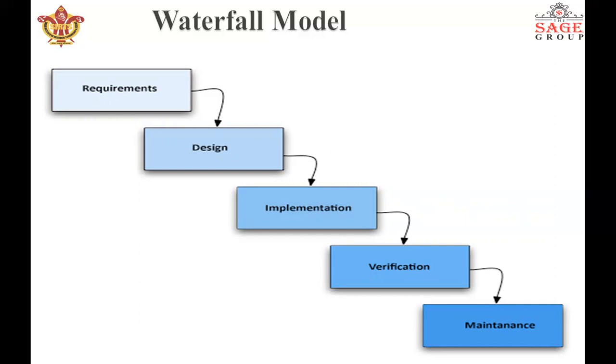After we complete the designing part, we go to the implementation part, that means which language we will use and which platform we will use to implement the coding, with the help of which we implement that software. When we complete that phase, we go to the verification phase, which has two steps: testing and deployment of the system.